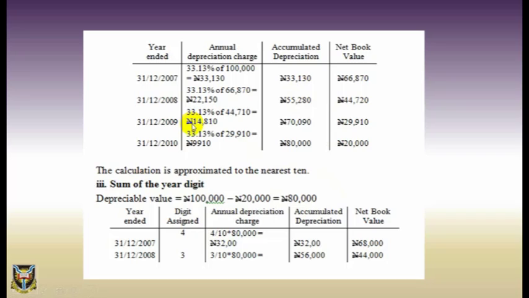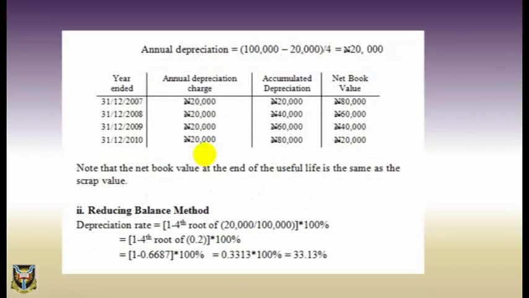Annual depreciation charge 20,000 naira. Accumulated depreciation 60,000 naira. Net book value 40,000 naira. 31/12/2010. Annual depreciation charge 20,000 naira. Accumulated depreciation 80,000 naira. Net book value 20,000 naira.